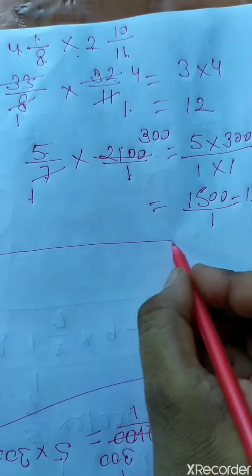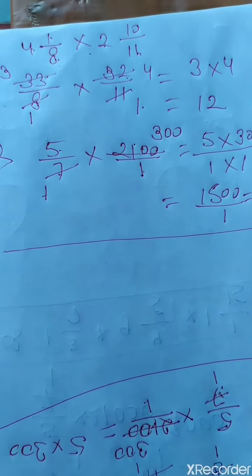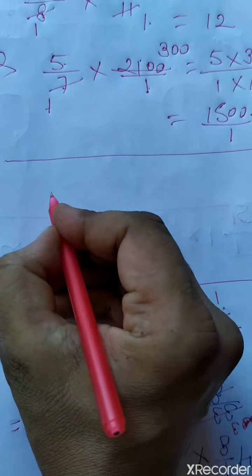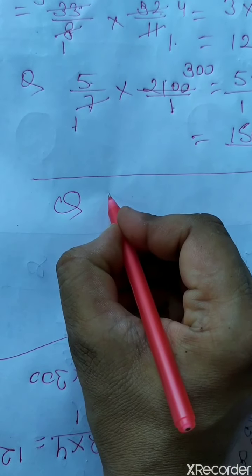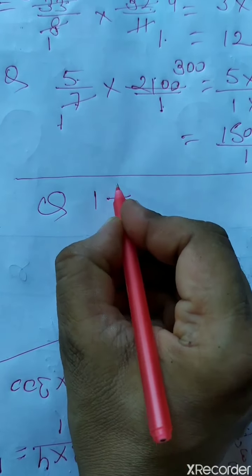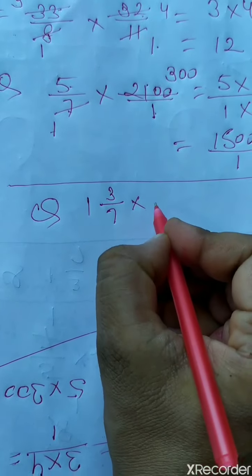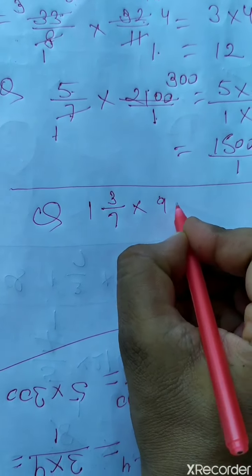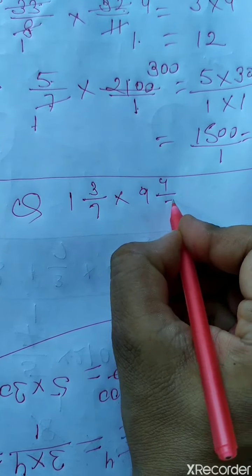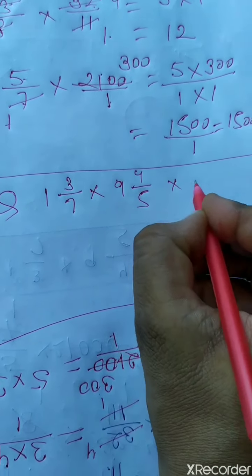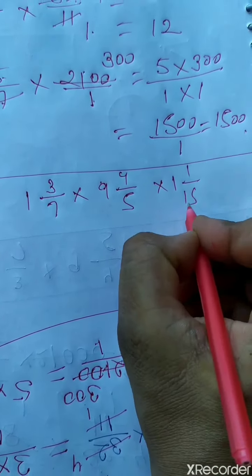Now one more question based on the multiplication of more than 2 mixed fractions. Suppose this is the question given: 1 whole 3 by 7 into 9 whole 4 by 5 into 1 whole 1 by 15.